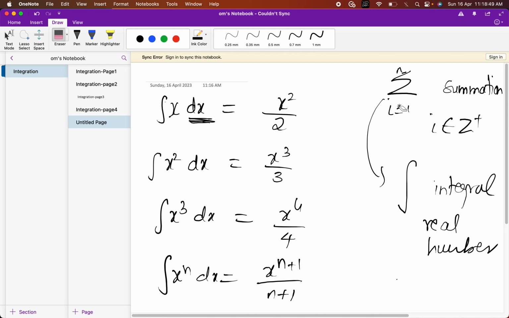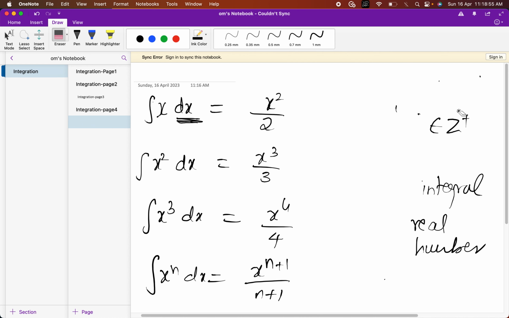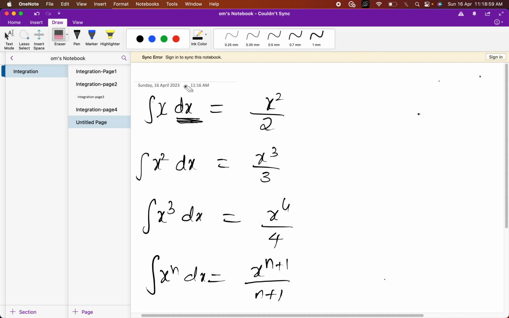But there is a small hitch to this. If you really look at each of these functions, I'll ask you one more thing. If I add a number here, and take the derivative of x square by 2 plus 4, well, the derivative of 4 is 0.